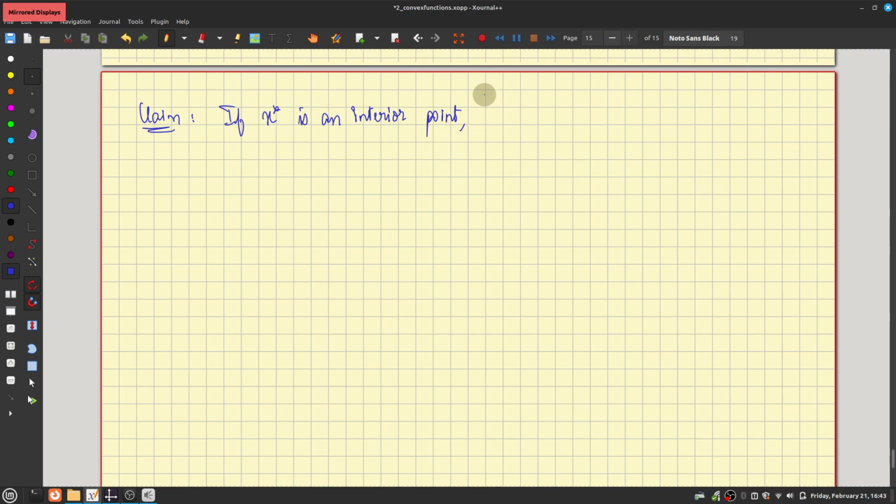In this case, we can say something which is easier to verify. Then x star is a local minimum only if, can you guess what the rest is?